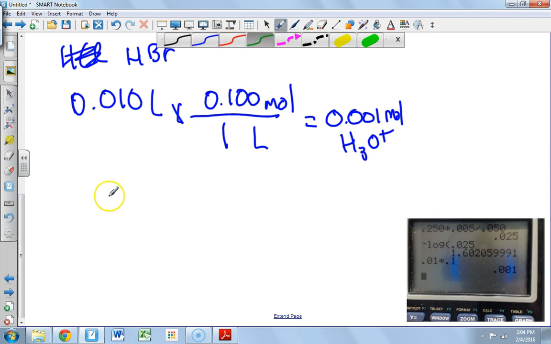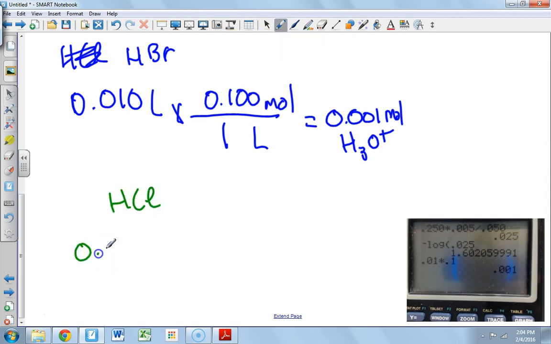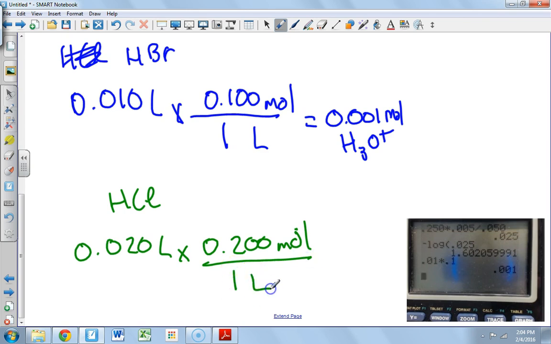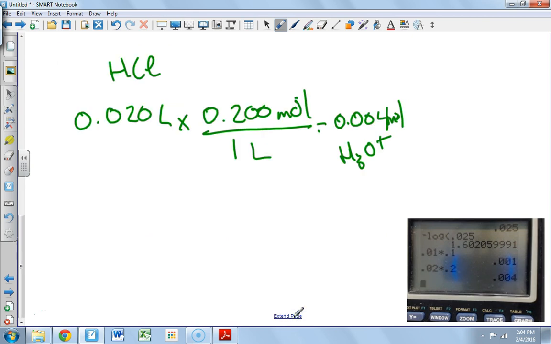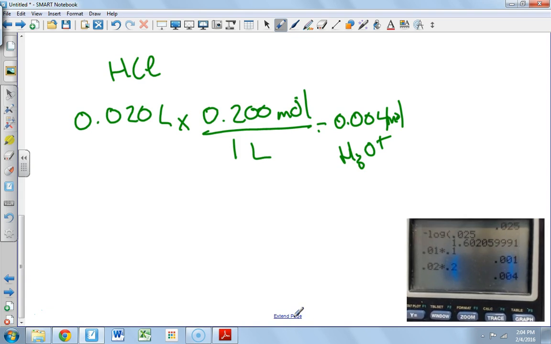Now, how many moles is HCl adding? Well, this is 0.020 liters times 0.200 moles over 1 liter. This is the concentration. Molarity is moles per liter. Equals, okay, so 0.02 times 0.2. And this is 0.004 moles of H3O plus. So if that's how many moles of H3O plus we have, now we can add those two together.